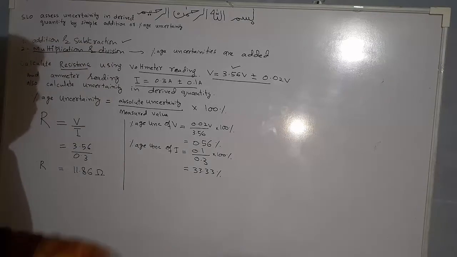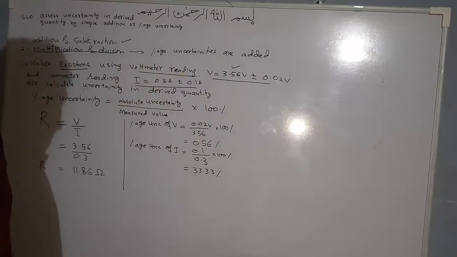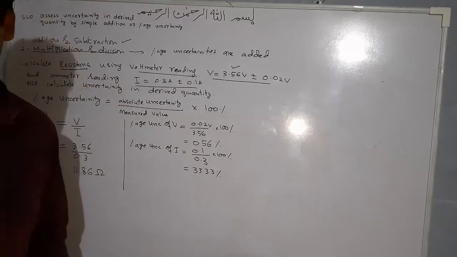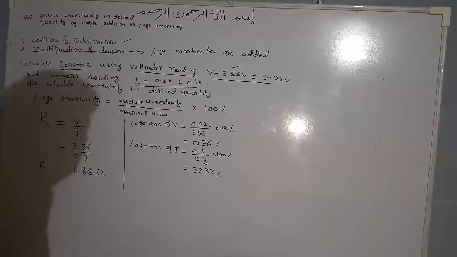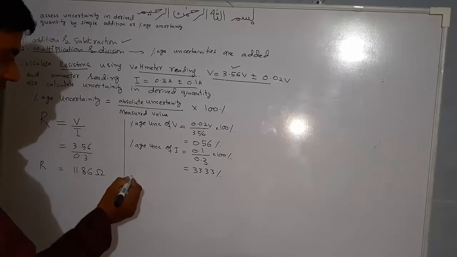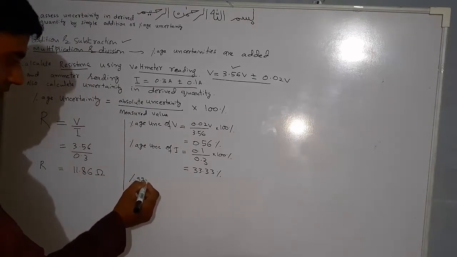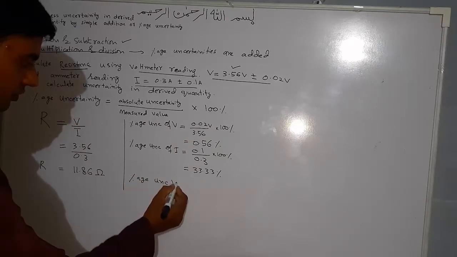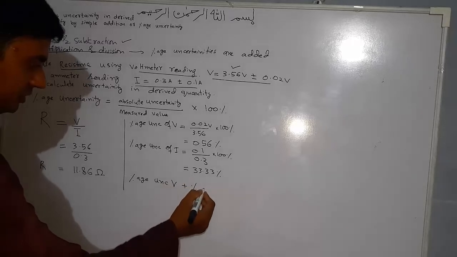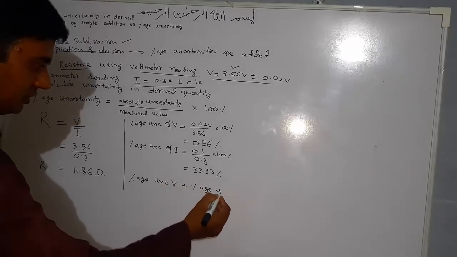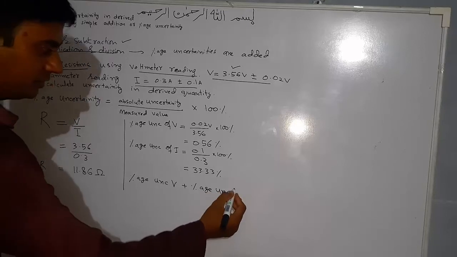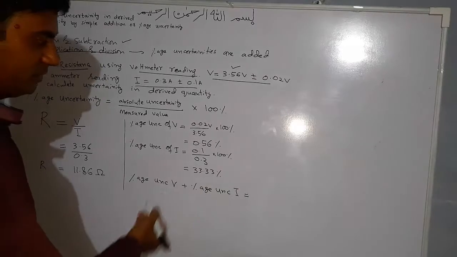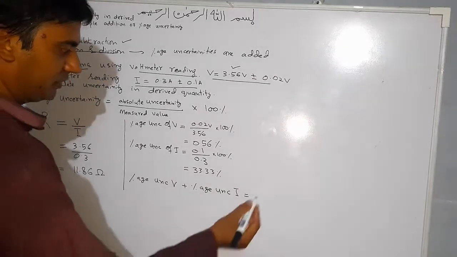According to the rule, percentage uncertainties are added, and this rule is the same for multiplication and division. So we are going to add the percentage uncertainty of voltage plus the percentage uncertainty for current. We have 33.33% and 0.56%.